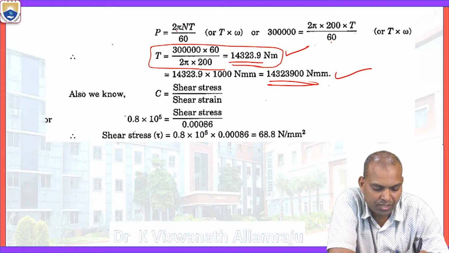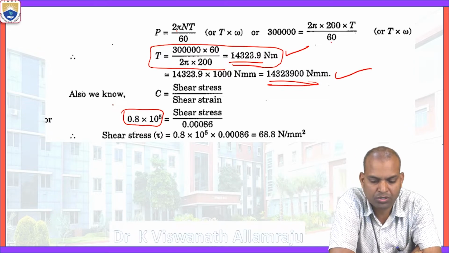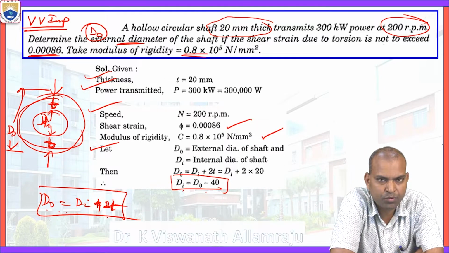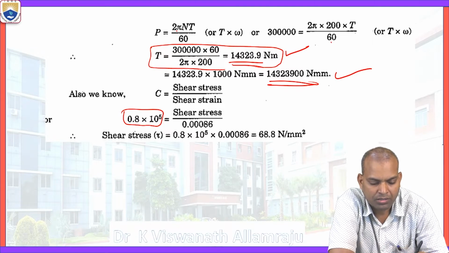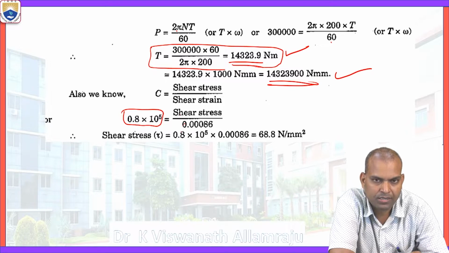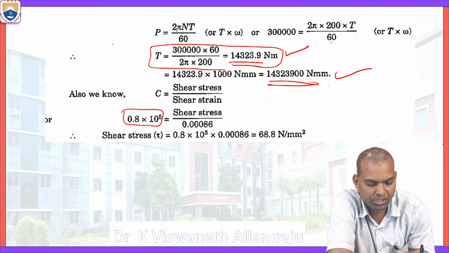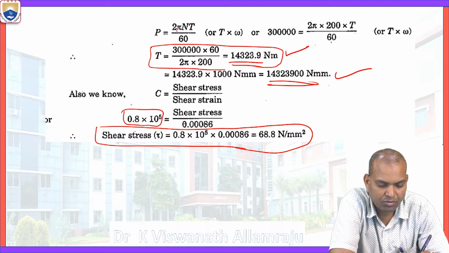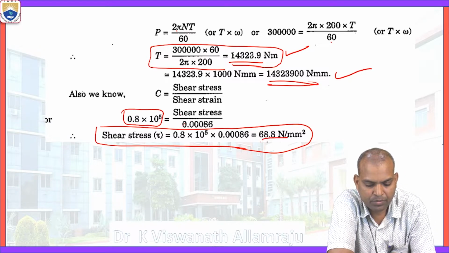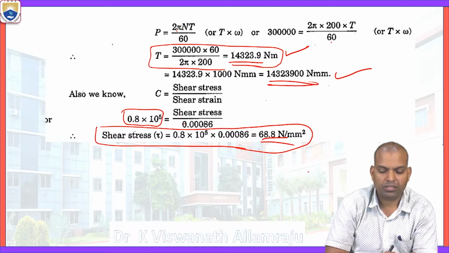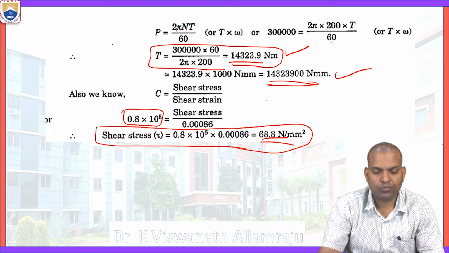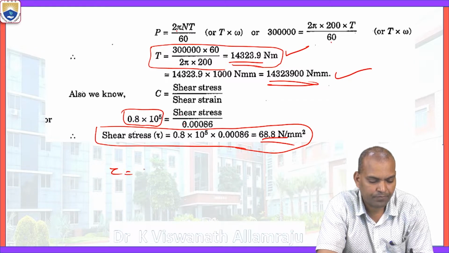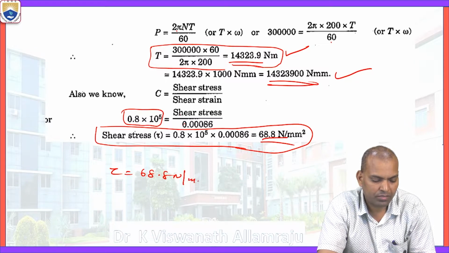C is given as 0.8 times 10 power 5, and the shear strain is 0.00086. So shear stress equals 0.8 times 10 power 5 times 0.00086. After calculating, the value is 68.8 Newton per square millimeter.